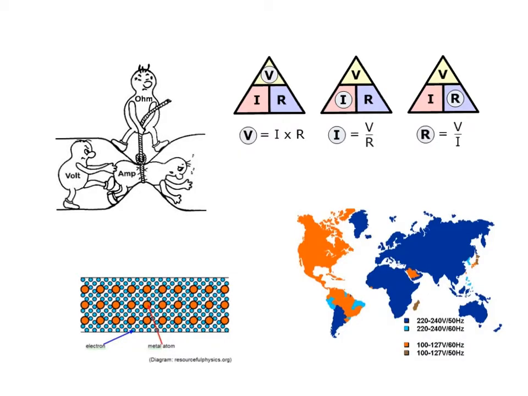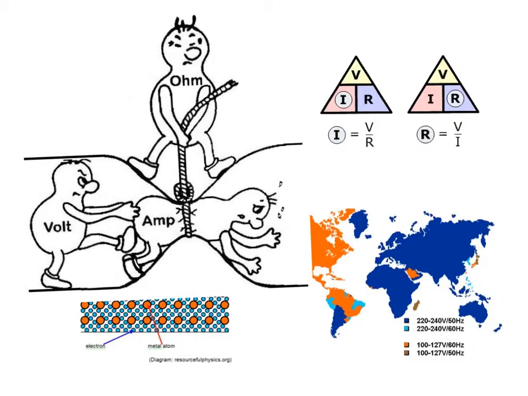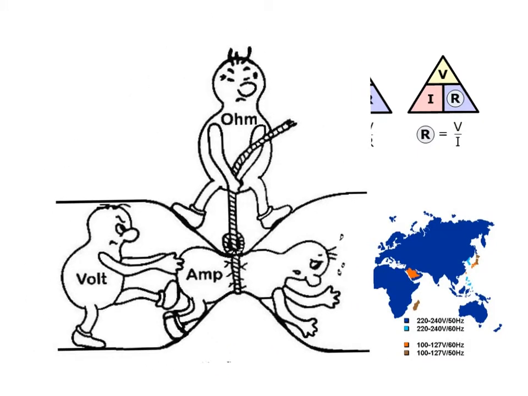So let's take a look at these diagrams. This is a cartoon representing Ohm's law. For Ohm's law, we had V equals IR, or it could be written the other way.